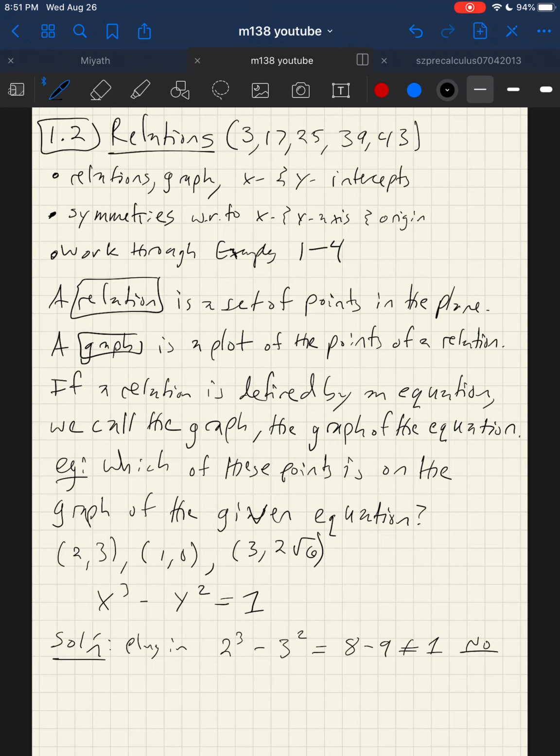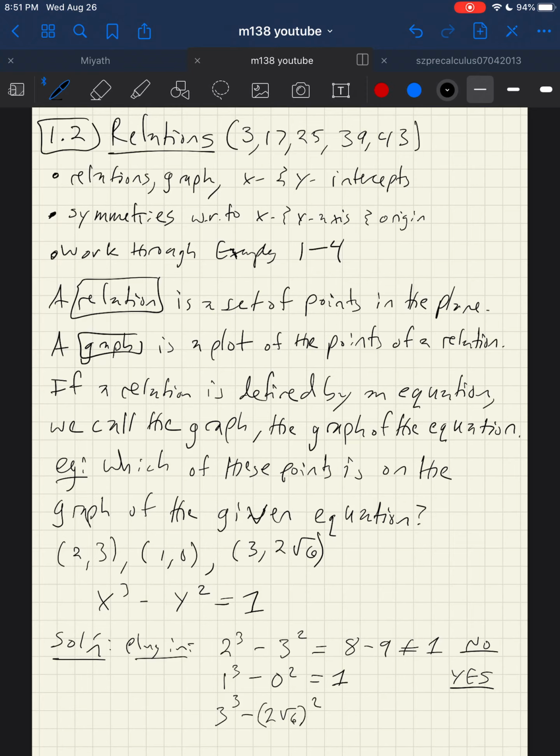All right. Then we're going to plug in (1, 0). So we have 1 cubed minus 0 squared, and that equals 1. So the second point is on the graph. Now what about 3 cubed minus (2 root 6) squared?